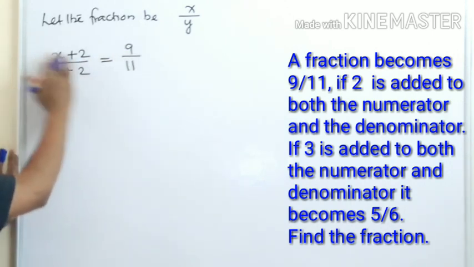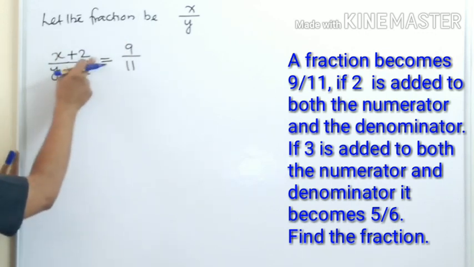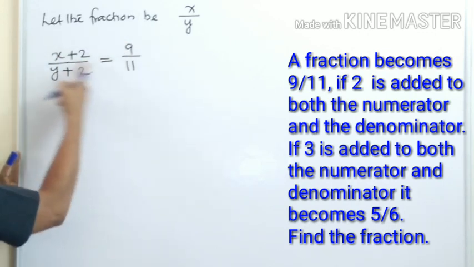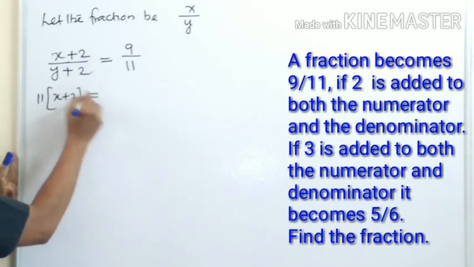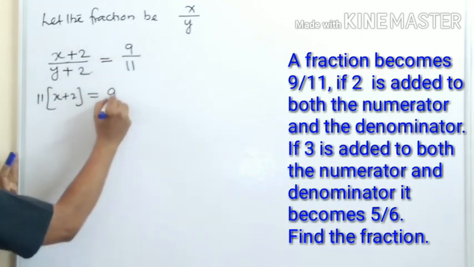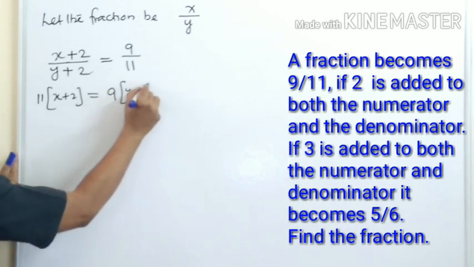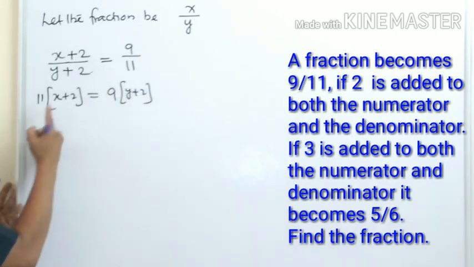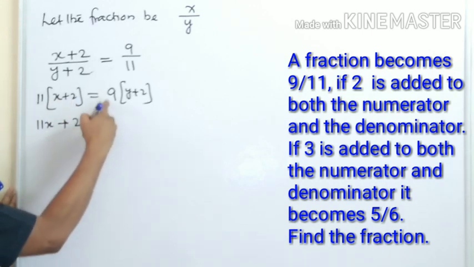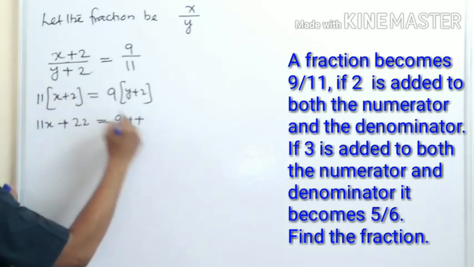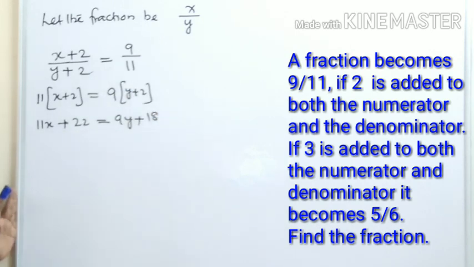Very simple. So now we have a cross multiplication here. You just cross this way and this way. 11 into x plus 2 is equal to y plus 2 into 9. That is 9 into y plus 2. So when I solve it, I will get 11x plus 11 into 2, 22, is equal to 9y plus 9 into 2, 18.